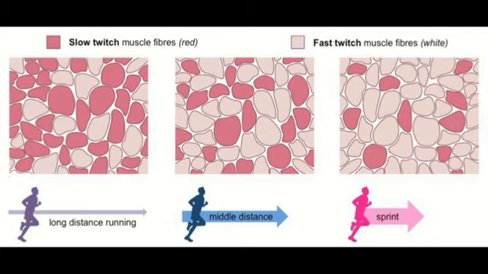The fast twitch on the right is what sprinters and weight training people have an abundance of, and these are the white muscle fibers. These are high force, meaning there's low endurance. They can't sustain. You can't sustain a squat for 5 minutes. A squat is explosive. There's high force. So these are the fast twitch.